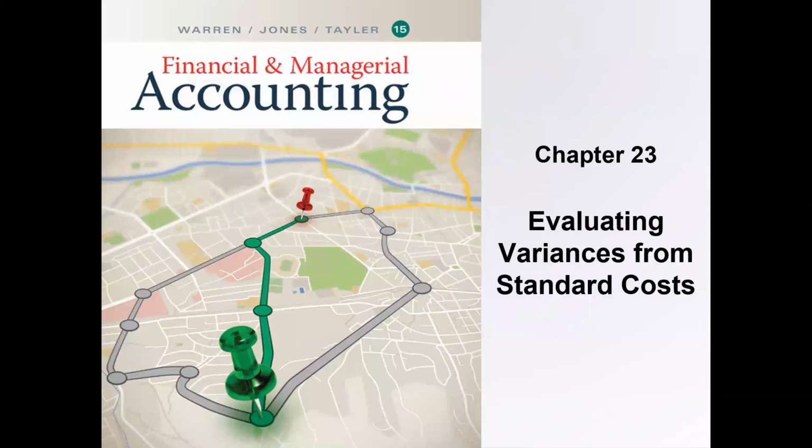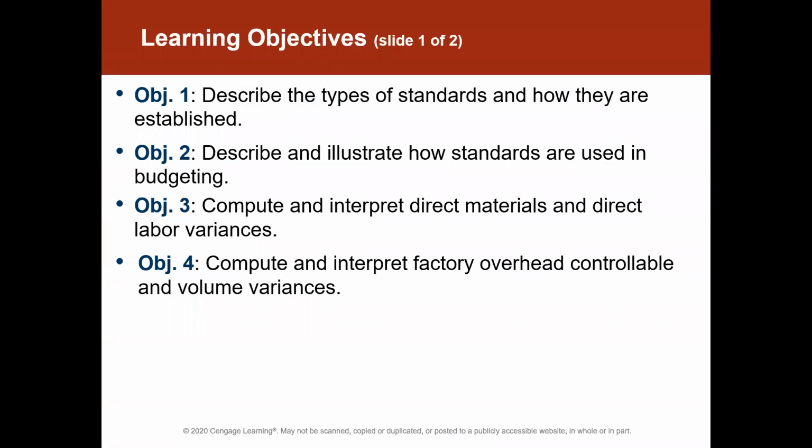We have a whole series of learning objectives. Here are the first 4, and then there are a couple more on the next slide as well. So we'll start out this chapter talking about what standard costs are. You've really heard me talk about that already. We just finished the budgeting chapter, so none of this is going to be too terribly surprising for you. We'll talk about what they are and how they're established and how we use those.